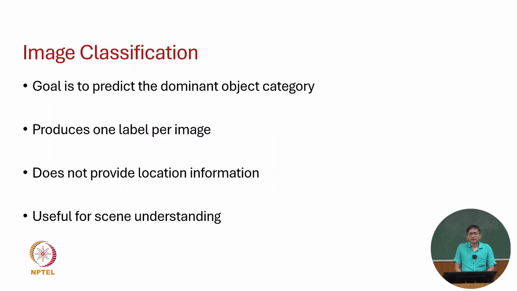And naturally, if you had to give just one label to this image, you'd give the label as building, right? So this produces one label per image. This usually doesn't provide location information. So this is useful to get a coarse understanding of an input scene.